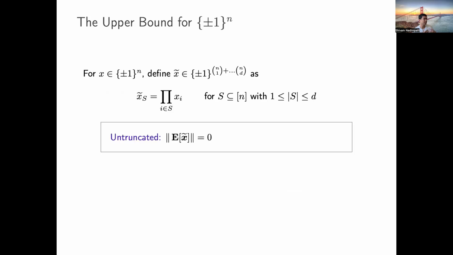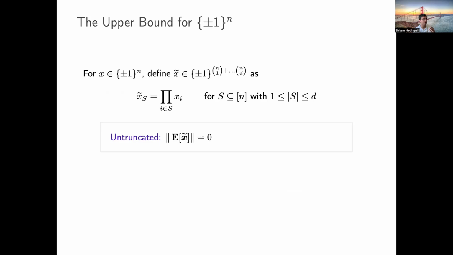The main idea behind the algorithm is essentially the following. In the untruncated setting, in other words, under the uniform distribution on the Boolean hypercube, on average, the length of this kernelized vector, this x tilde vector, is going to be 0. It's going to be really close to the origin.